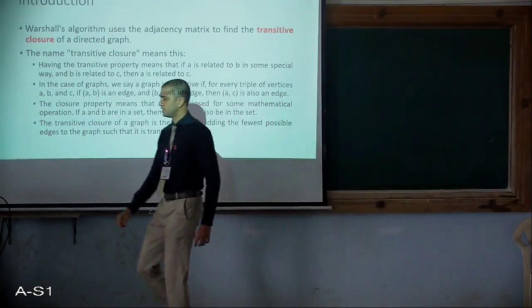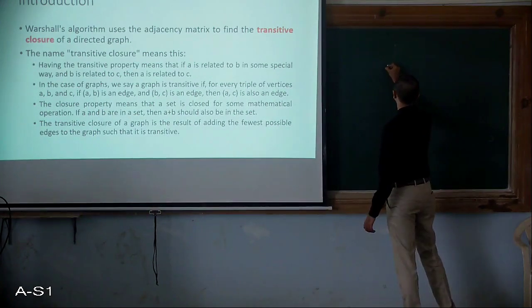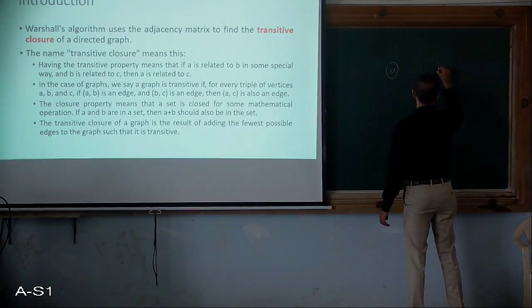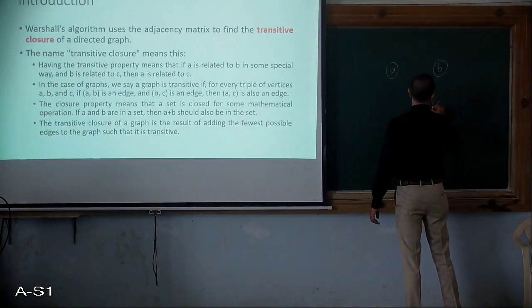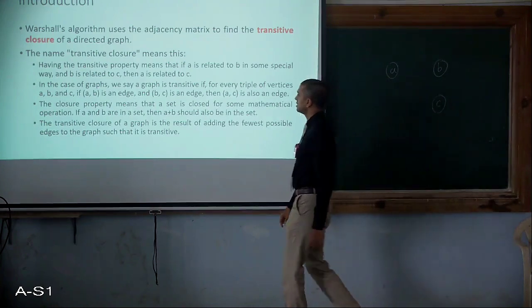So what does this mean? I have a graph over here with three vertices A, B and C. What does this say?